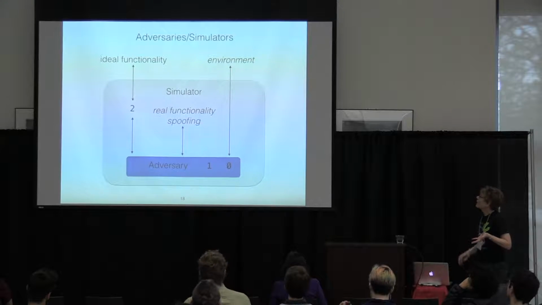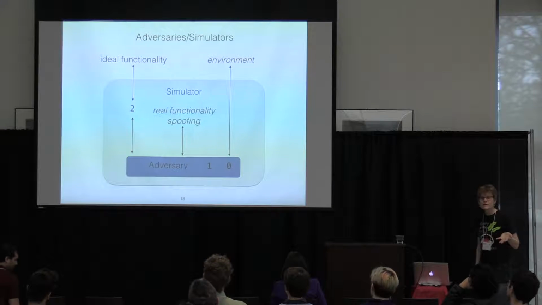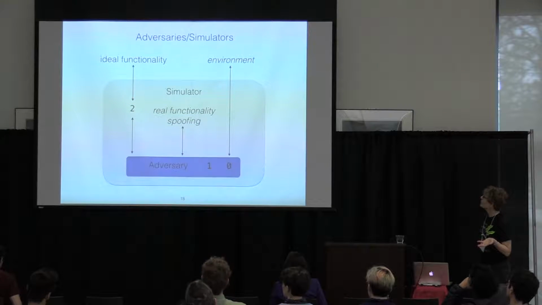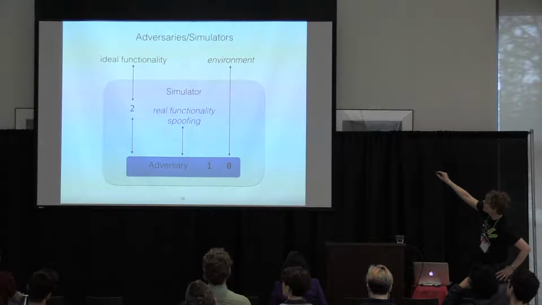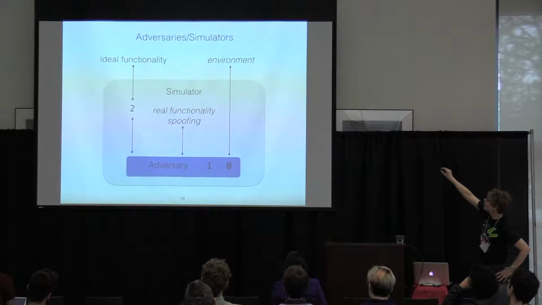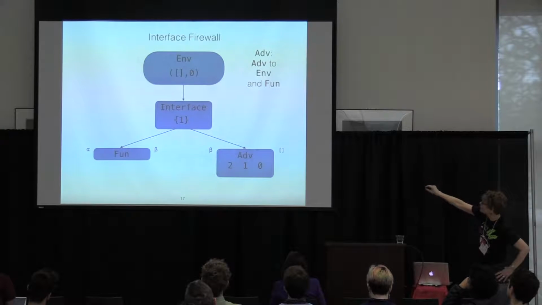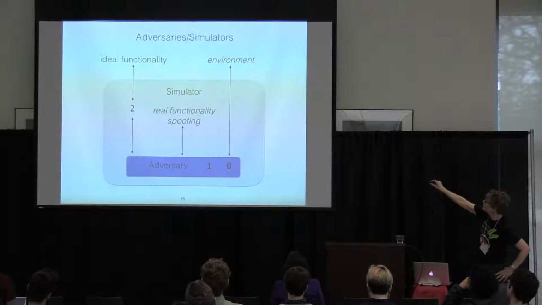The way that we nest adversaries inside simulators is illustrated here. We have the ideal functionality over here. We have the environment up here. And the ideal functionality, when it talks to the simulator, like in this picture here, it's talking to this port index.